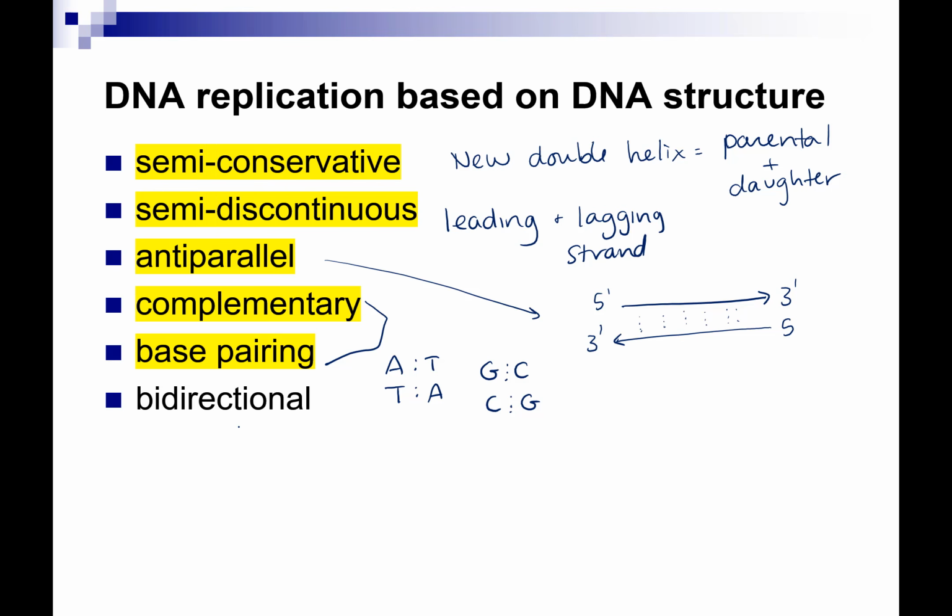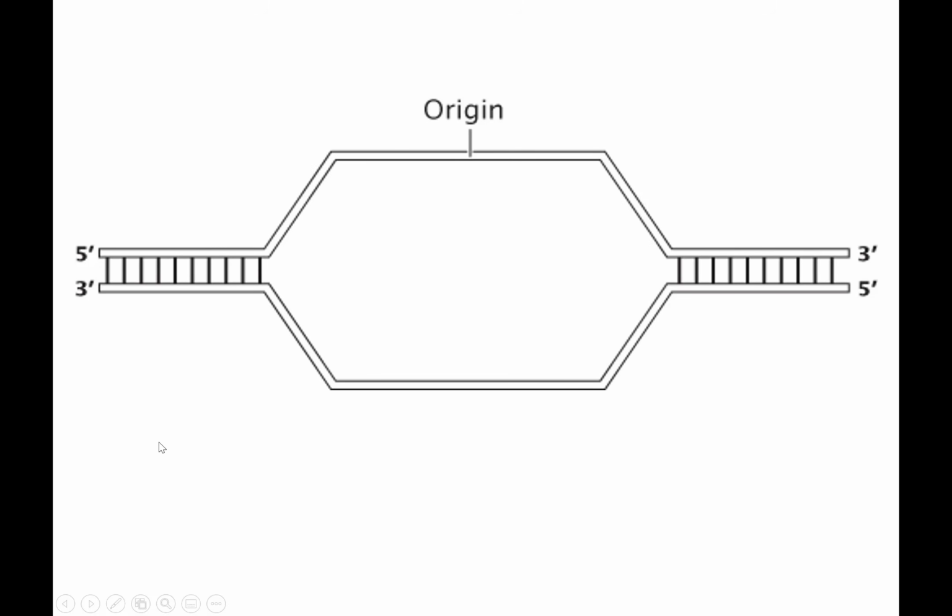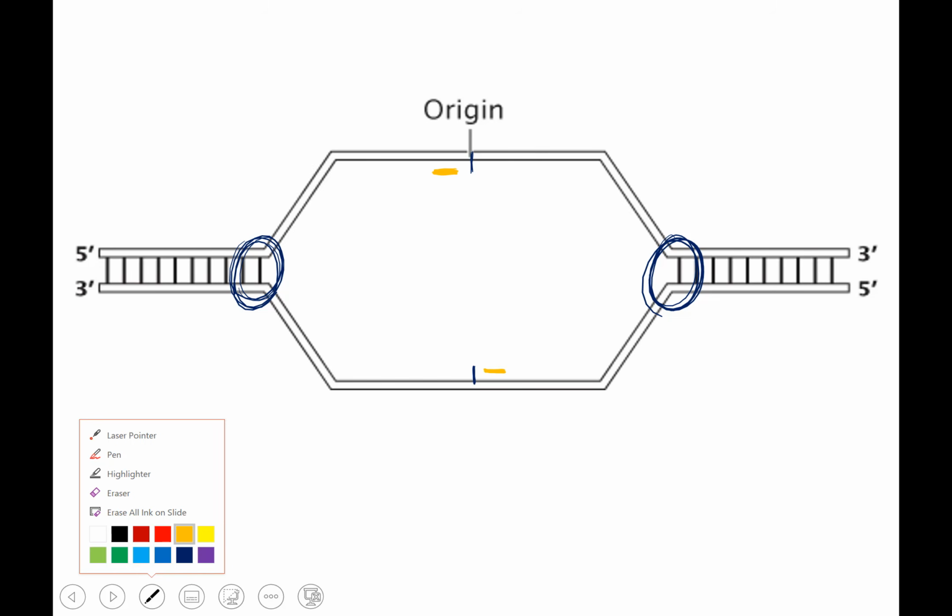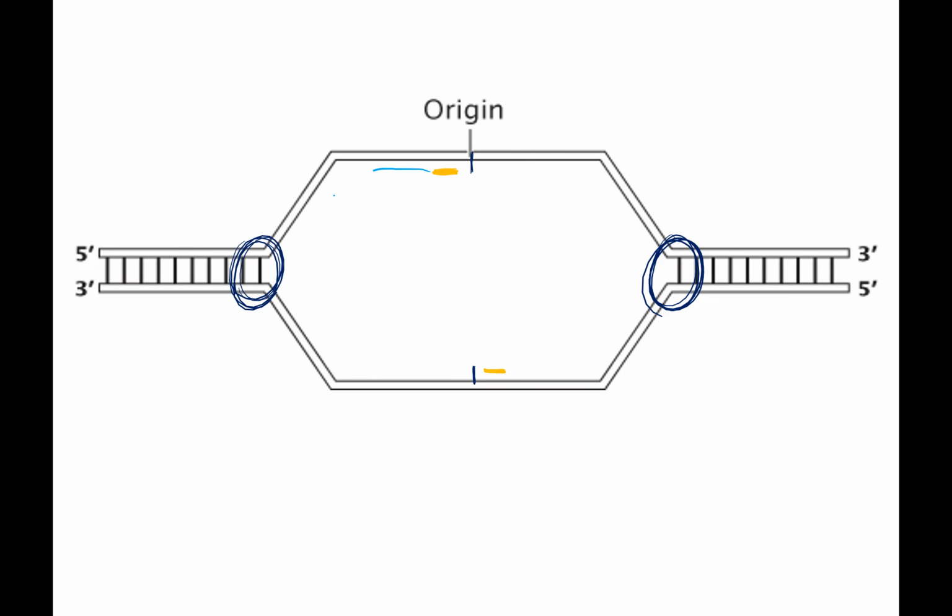Okay, next term, bidirectional. So we talked about an origin of replication is where the helicase starts. Okay? So helicase is now here unwinding, right? But it started up here. And as soon as it started unwinding, we had an RNA primer come in, and we had DNA replication happening.